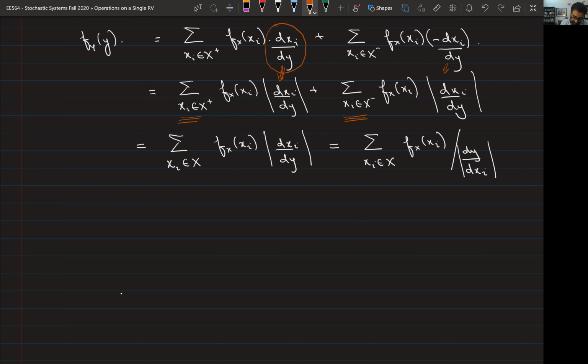Where, ये क्या है? This is the set of all roots corresponding to y. ठीक है? Right. So this is our conclusion. This is that relationship that I said you were going to try to derive. This is that generic relationship.